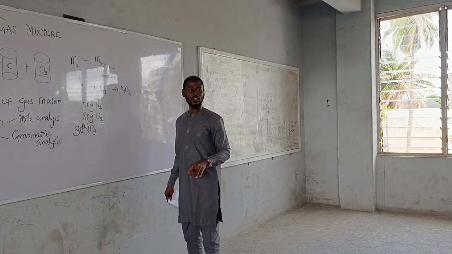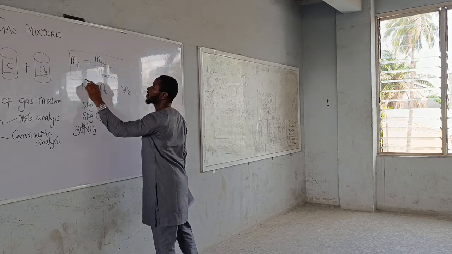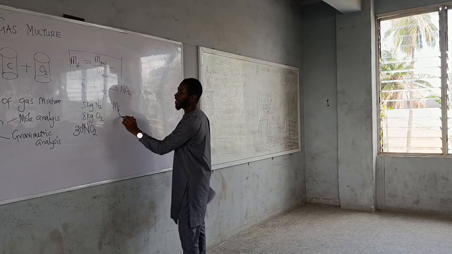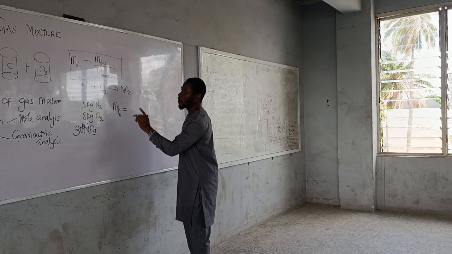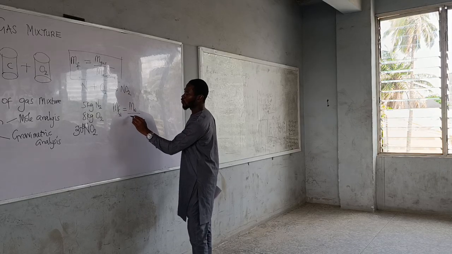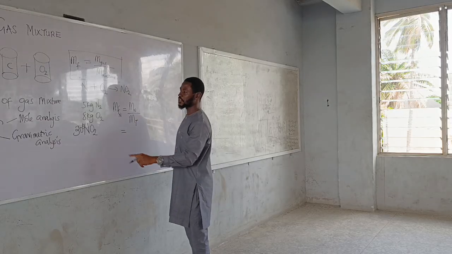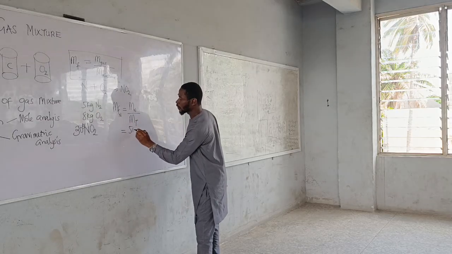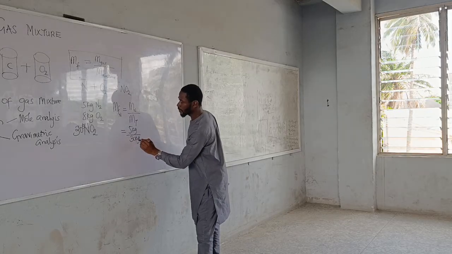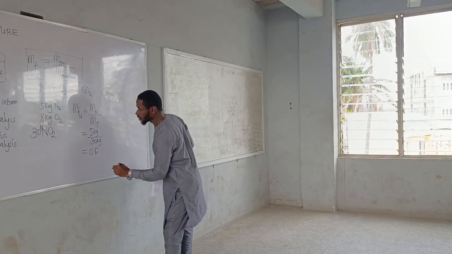The mass fraction of nitrogen is the mass of nitrogen divided by the total mass of the mixture, which is 5 kilograms divided by 30 kilograms. So the mass fraction in this case becomes 0.16.